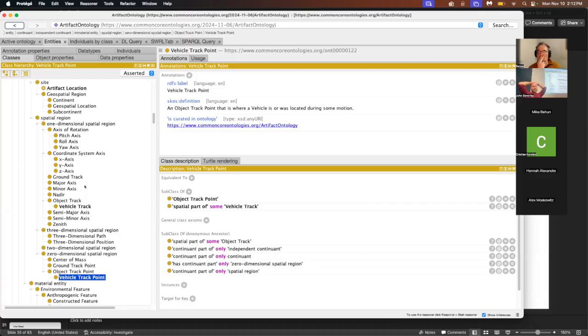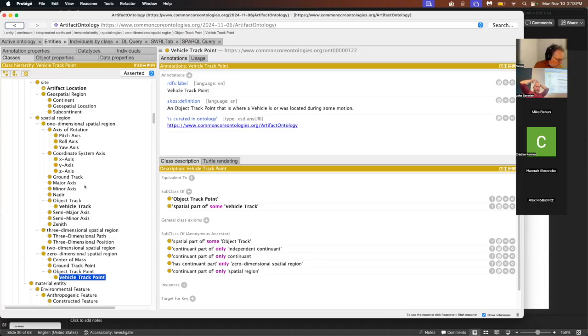An object track point is where a vehicle is or was located, and a vehicle is an independent continuant, and it's saying that a vehicle is or was located in an object track point, but located in says that the range of located in is independent continuant, but not spatial region.